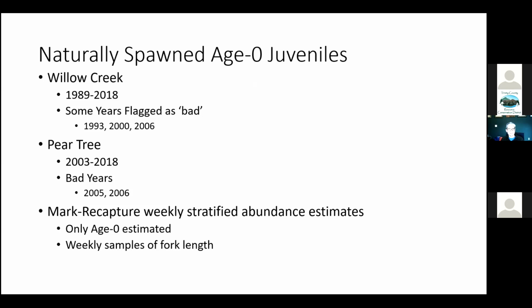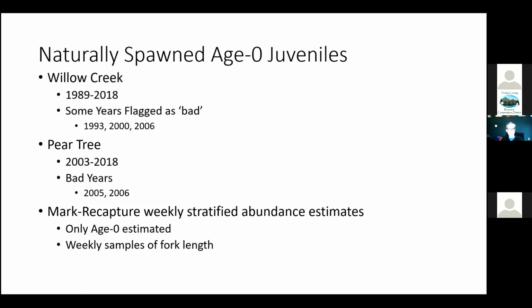Our population estimation routine, which was developed for the Trinity River Restoration Program by Carl Schwartz and Simon Bonner, takes the weekly catch values and mark-recapture estimates and creates season-wide weekly stratified abundance estimates.